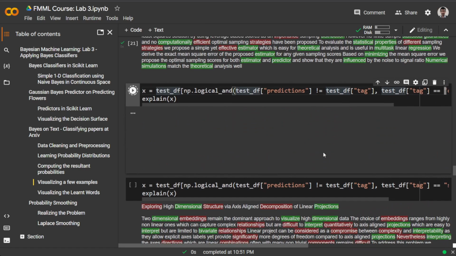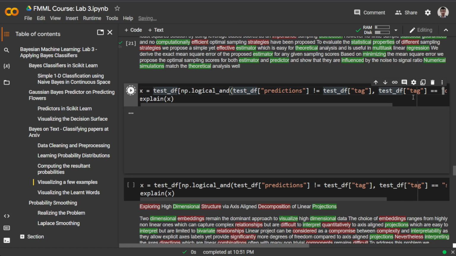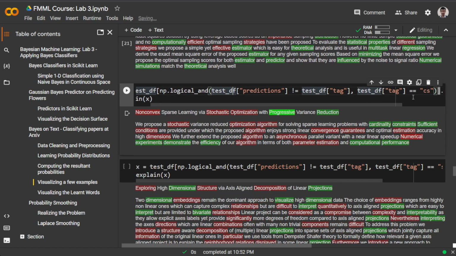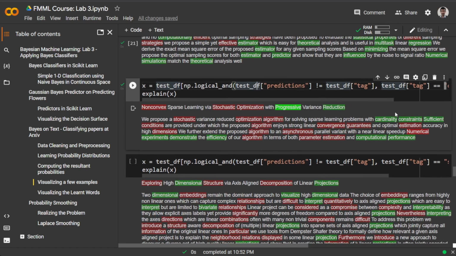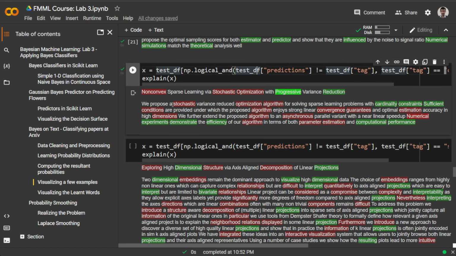Next, let's take a look at one of the papers that we got wrong. So this is a paper where we guessed that it's a computer science paper, but it was actually a statistics paper. So we worked off of words like efficiency, progressive, reduction, etc. and we worked against words like non-convex, stochastic, optimization.